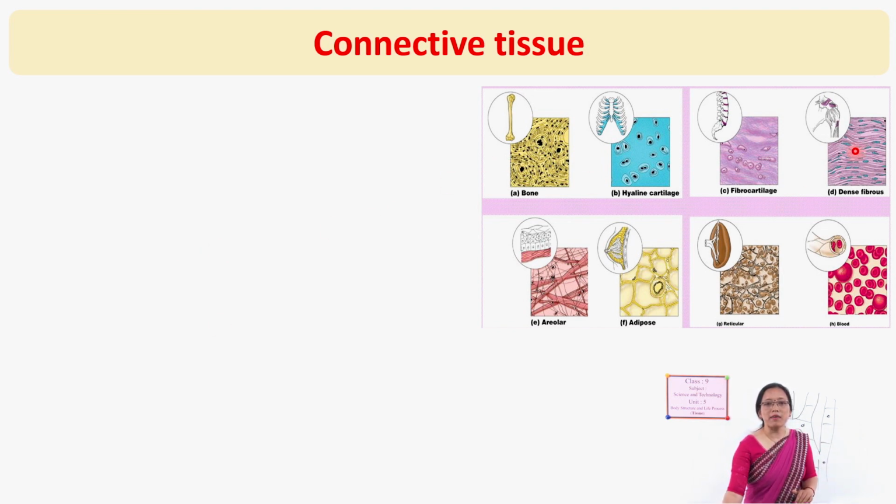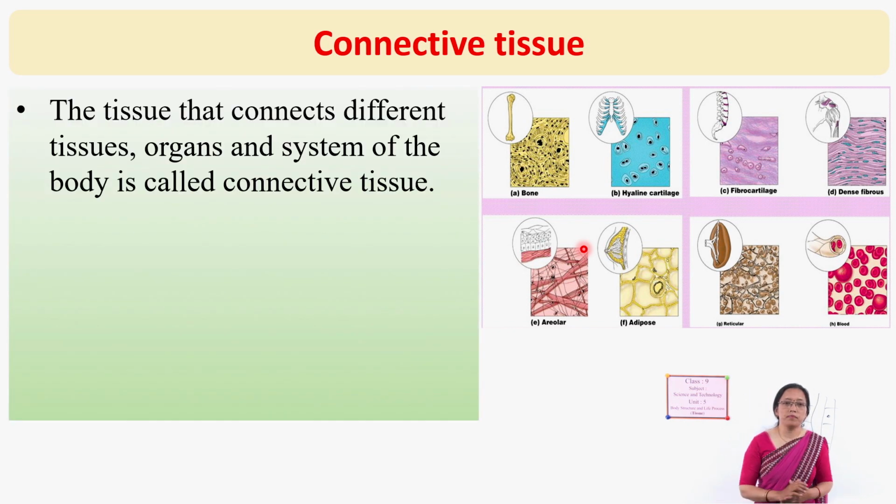There are various types of tissues, like bones, cartilage, and fat tissues. Those are connecting other cells, other tissues, other organs. So these are called connective tissue.